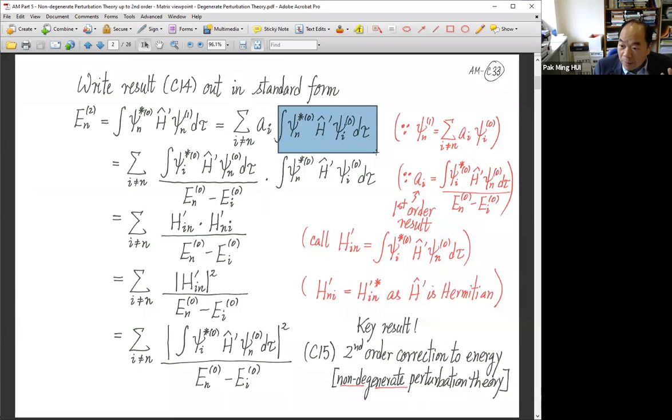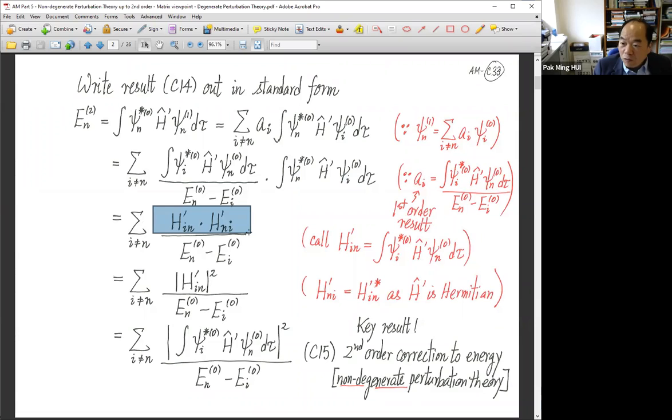This is a matrix element, n and I and n. Okay. That happens once, and if I substitute the coefficient in, it happens twice, okay? And very beautifully, I would say, now this is the matrix element H prime I n, I here, n here, and this is n I, okay?